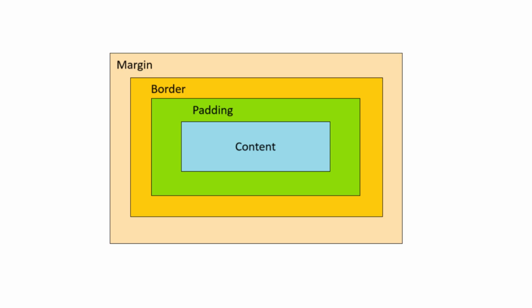The tape that is around the cardboard box can be seen as the border. And then the margin can be thought of as the space outside of the cardboard box. So if you had multiple cardboard boxes stacked next to each other, any gaps in between those cardboard boxes can be seen as the margin.